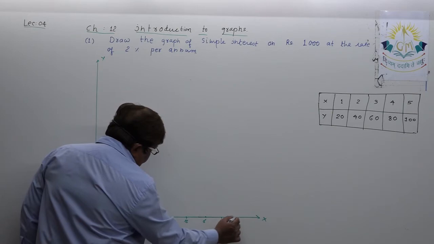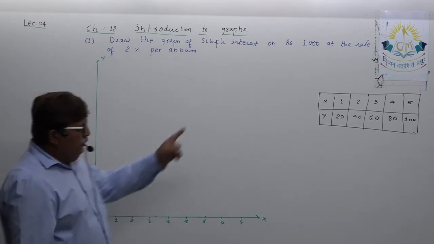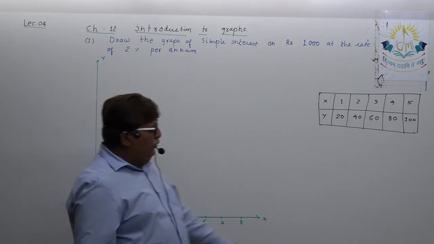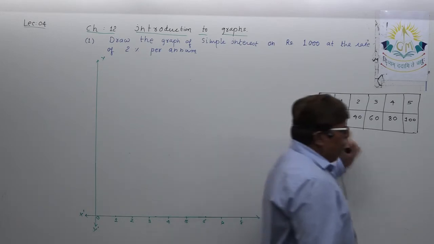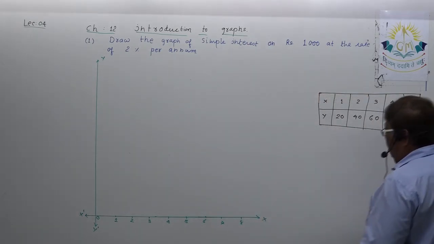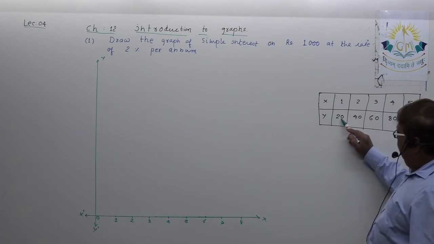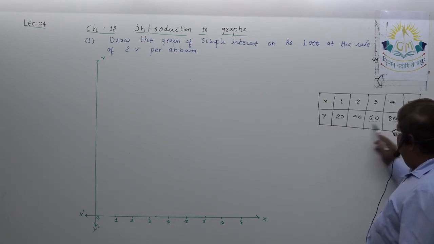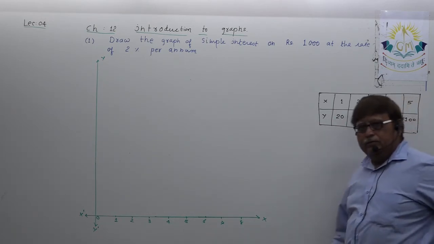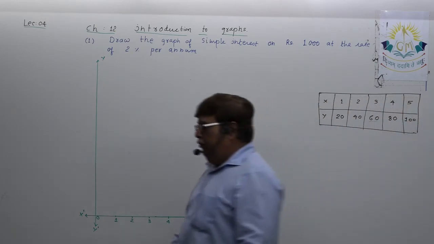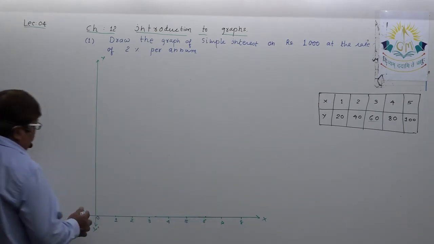But dear student, as far as the values of Y are concerned, you have to take some scale, because all are multiples of 20. So we would like to take some scale on the Y axis.